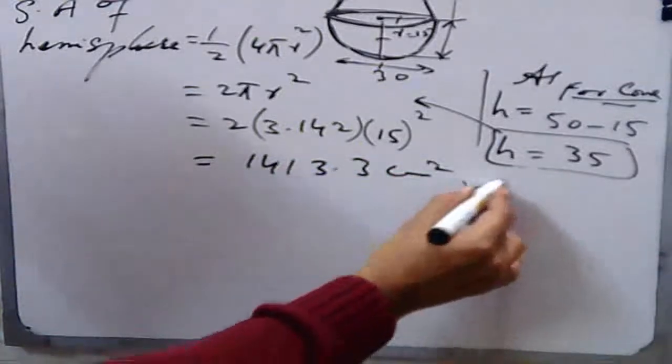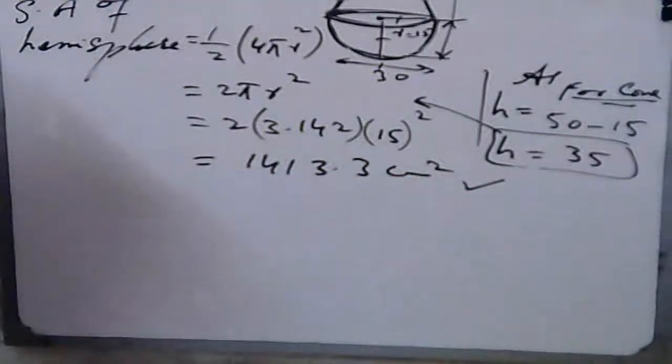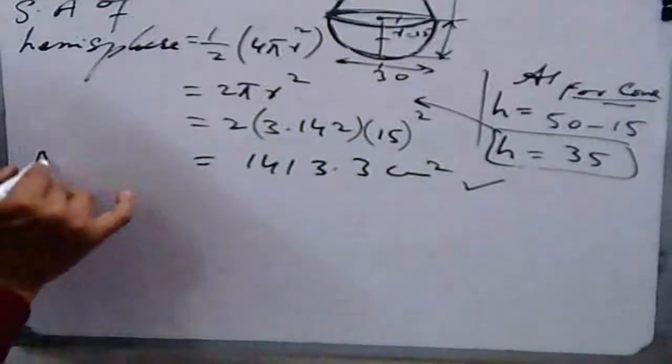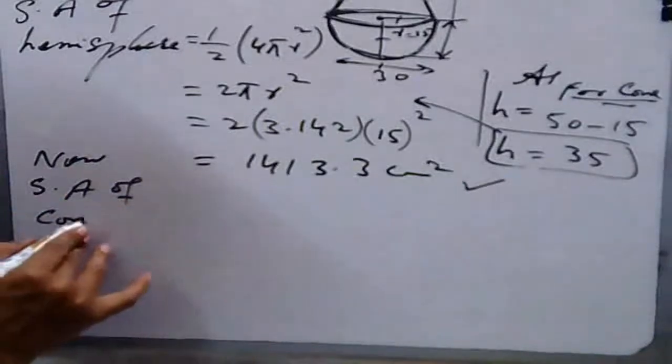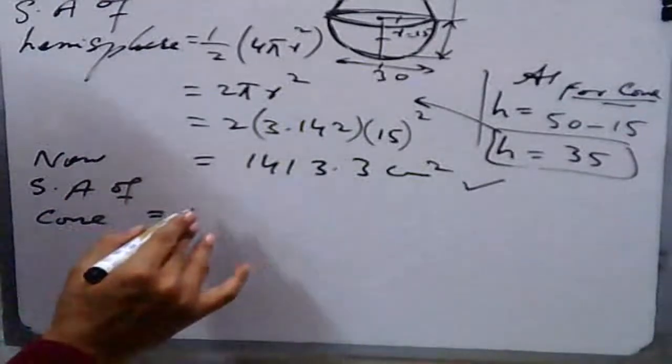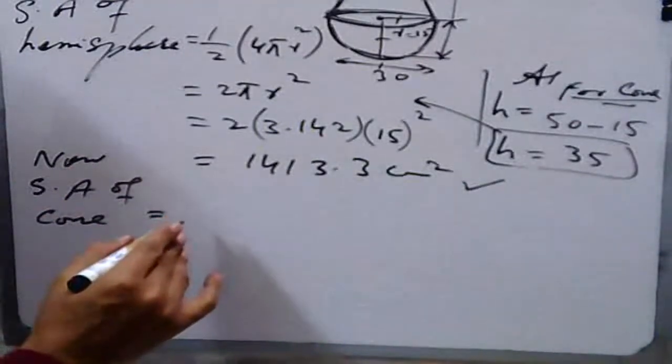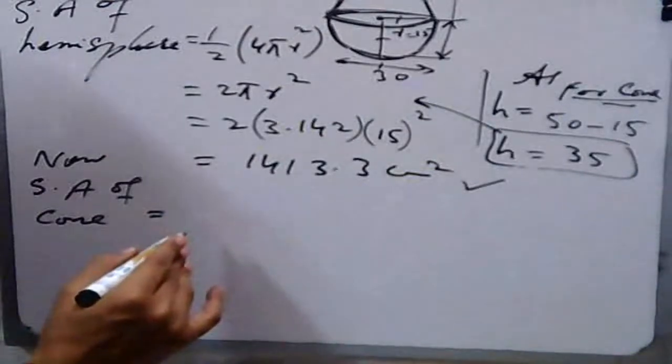Now surface area of cone. We have a formula, surface area of cone is pi r l.